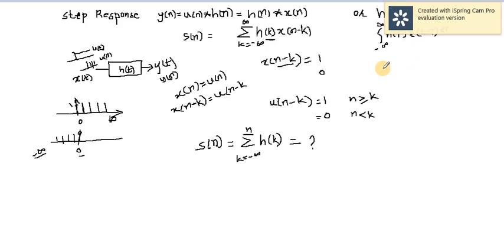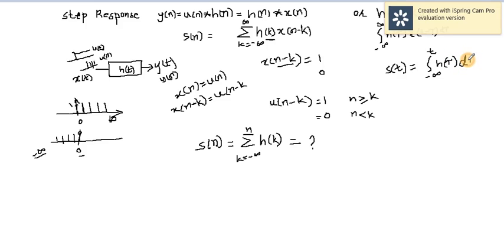So the condition for step response in the case of continuous signals is s of t equals the integration from minus infinity to t of h of tau d tau.